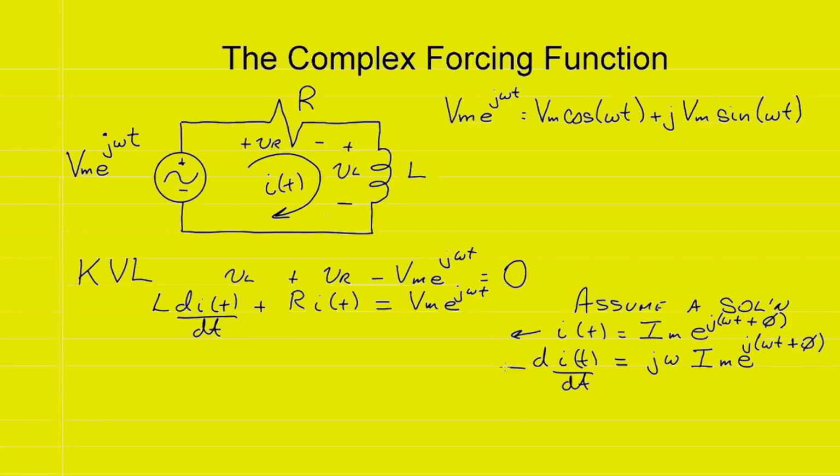Now we can substitute these two into the equation, and write j omega L times Im e to the j omega t plus the angle, plus R times Im e to the j omega t plus an angle, equal to Vm e to the j omega t.